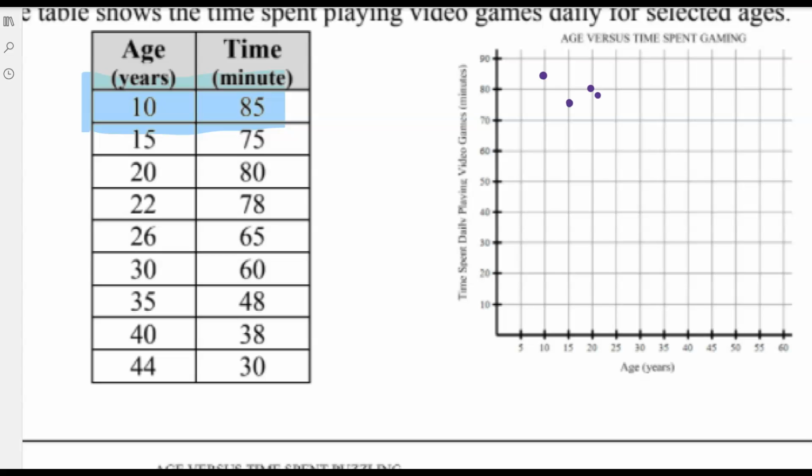Take a moment and pause the video and finish your scatter plot, then let's come back and compare. So your scatter plot and mine should look similar. And what I notice when I look at that scatter plot is that it's somewhat linear. So here's my line. I want it to be as close to the middle as possible, but I've just eyeballed this.